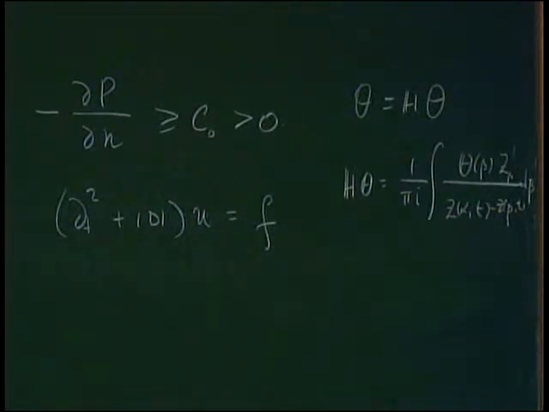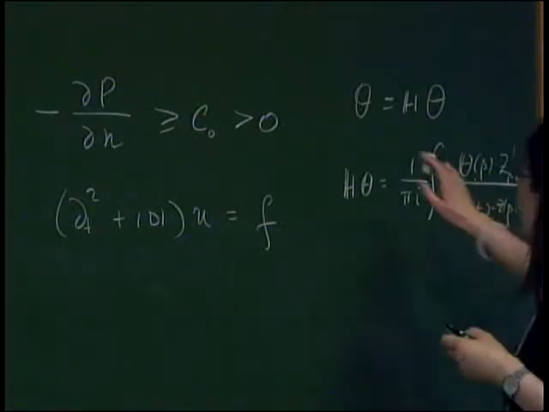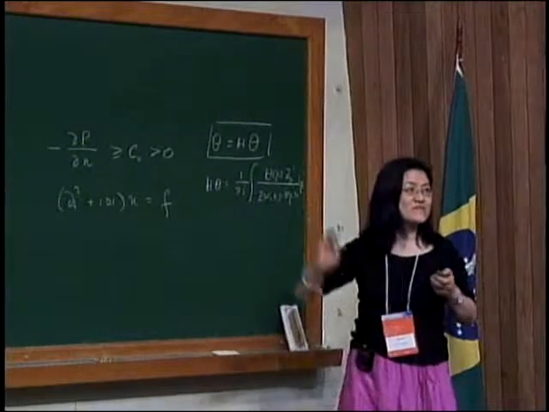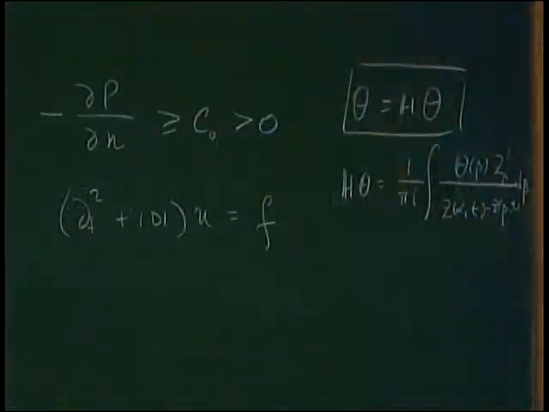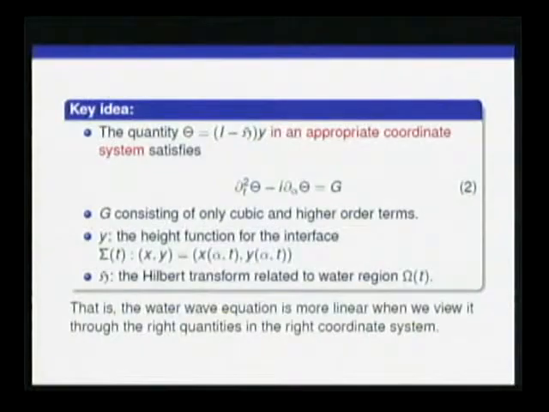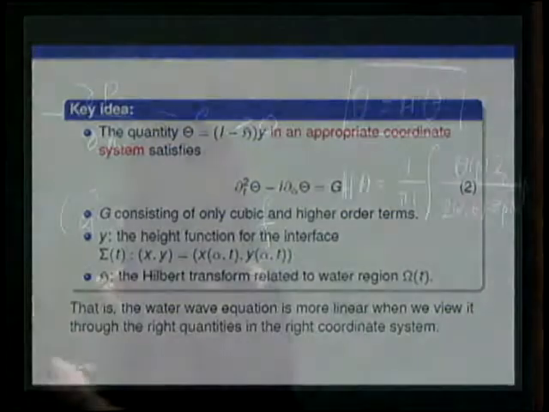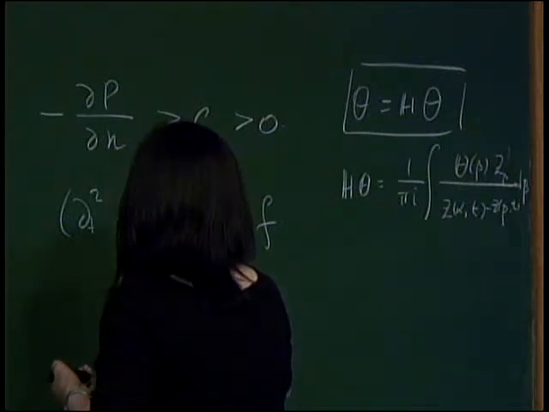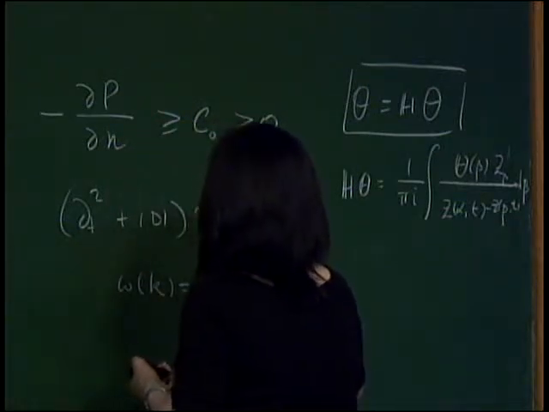If you really keep this relation in mind, you can work it out as if it's linear. Okay, right? So it's not Schrödinger, and also the dispersion relation: omega of k equals square root of k, right?